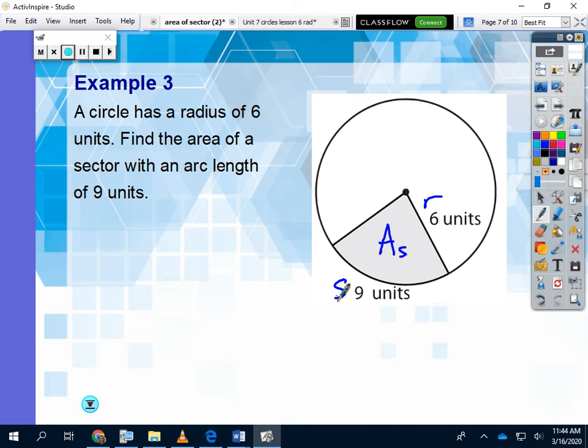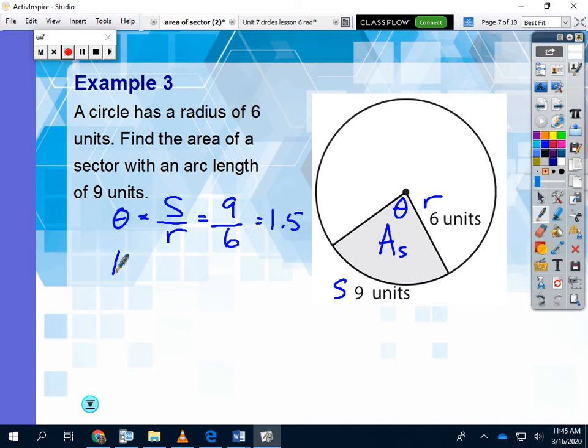So it looks like I'm going to be using theta equals s over r, because I need to get theta. If I know theta, then I can use the area of a sector formula to get the area. So s is 9, r is 6, so that's going to be 3 over 2, or 1.5.